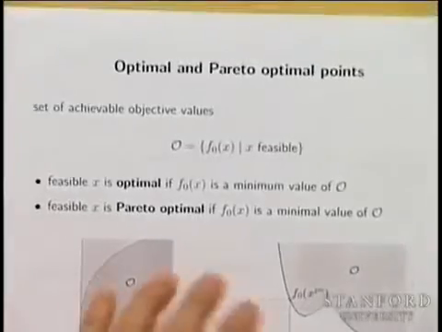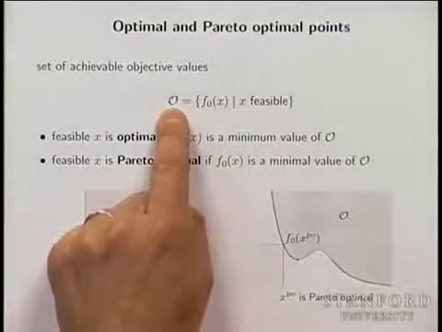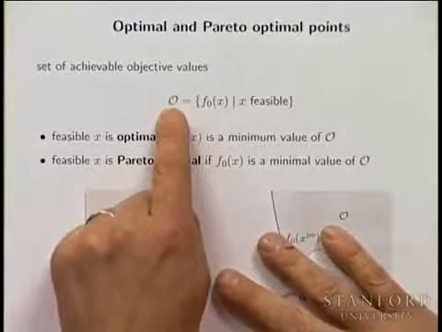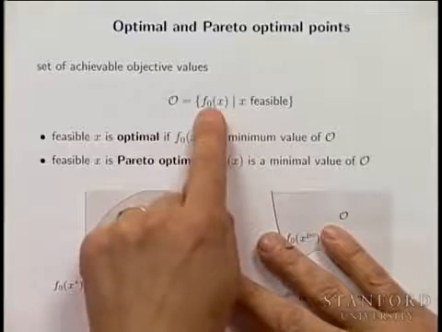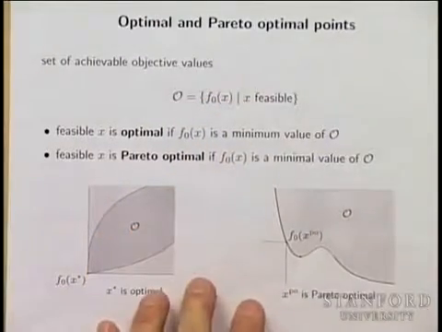Okay, so we actually have to figure out what is the semantics here. Well, the way this is done is you look at the set of achievable objective values. Now that's a subset of a vector space of dimension bigger than 1. I mean, we're assuming that's the case here. You look at the set of achievable values. That's the set of objective values you can possibly get with a feasible x.